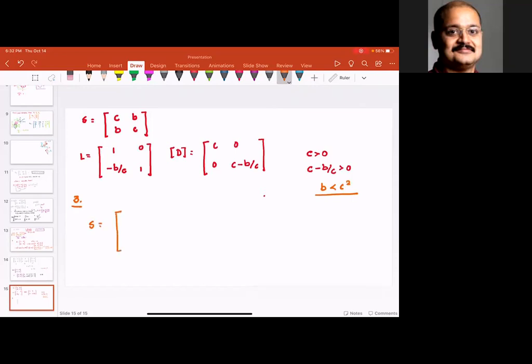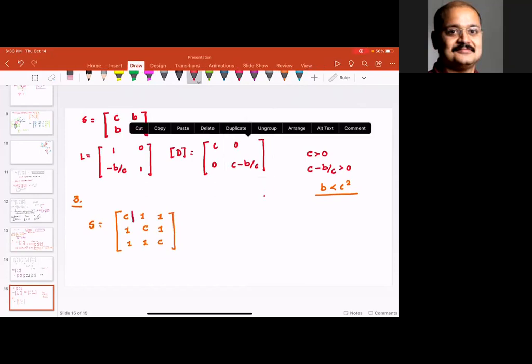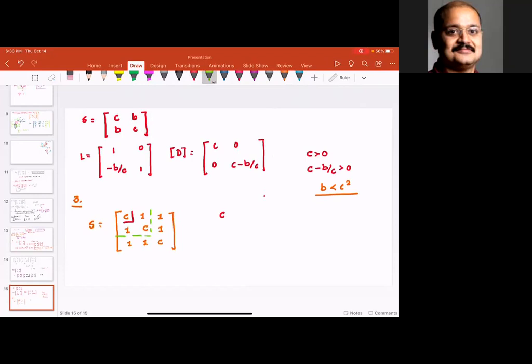You have to find the successive determinants. The first matrix determinant is C. The second matrix determinant is C squared minus 1 squared. Everyone knows how to find a determinant, right?